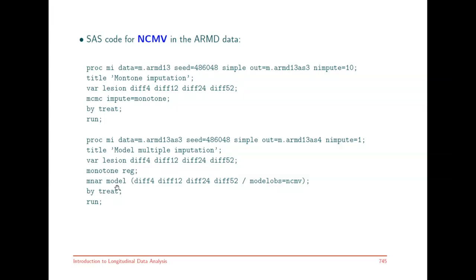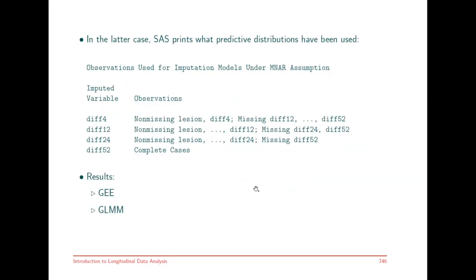Of course, I just made them monotone. And I'm using NCMV. I can also use CCMV. I cannot use ACMV. And sometimes that's a question asked in an exam session. Why not ACMV? Because that's missing at random. So basic imputation is already ACMV. That's why you don't need to do it specifically.